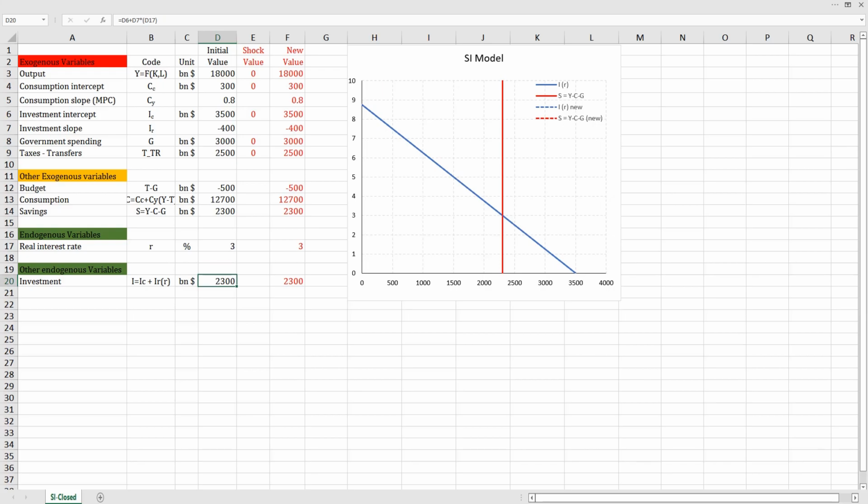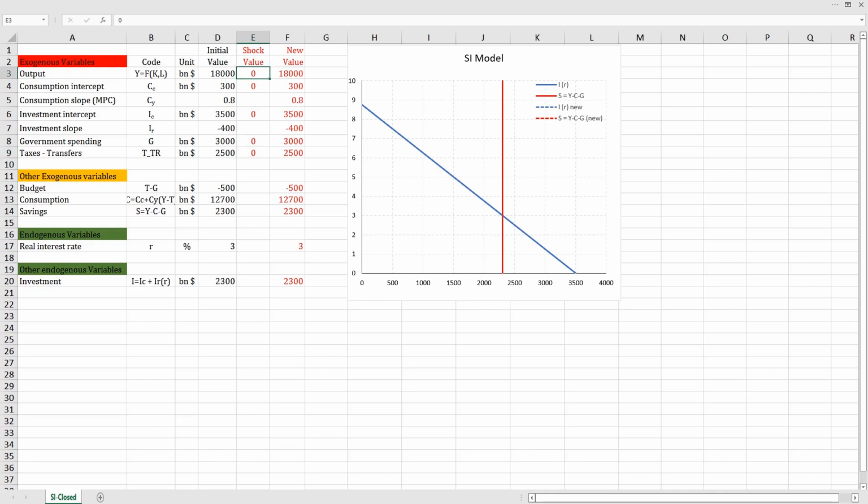And so these are the shock values to different parts of the model. You can have a consumption shock, we can think about an investment shock, and a government spending shock. This is a policy variable, so a policy shock coming from the government, and similarly a shock coming from the government through taxes.